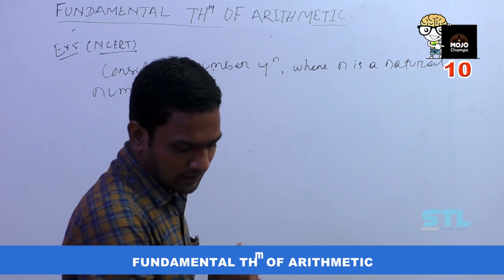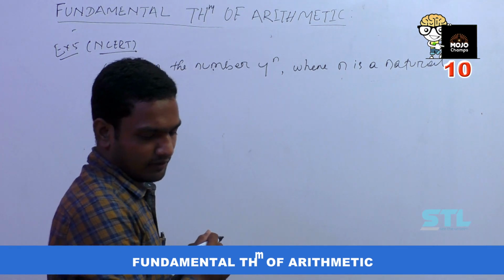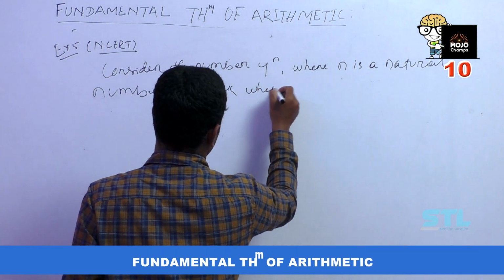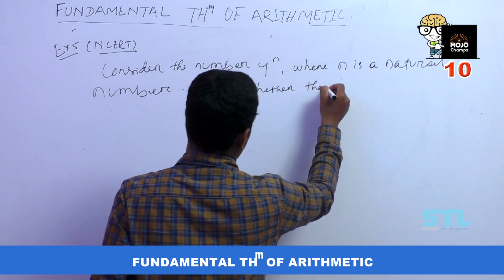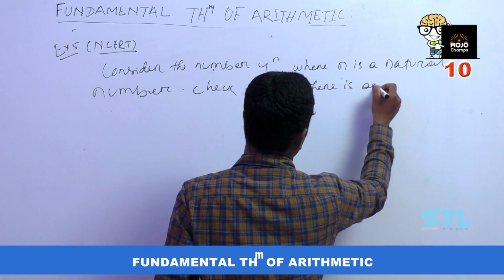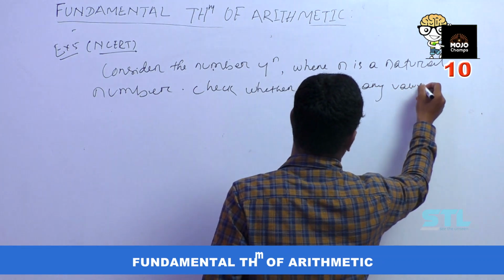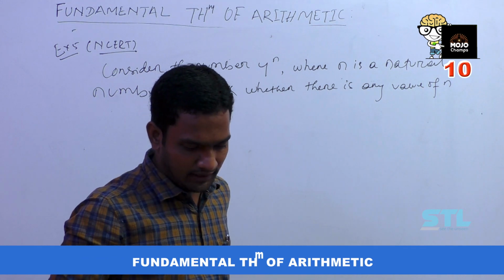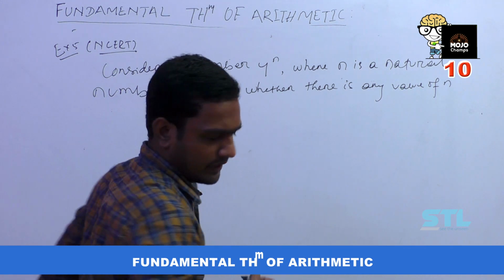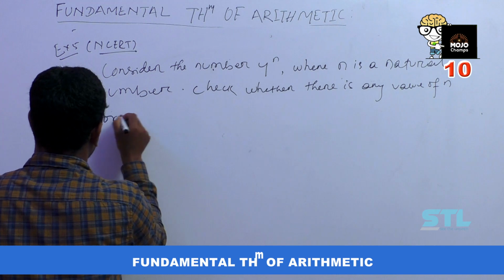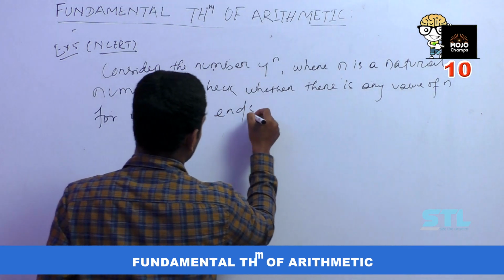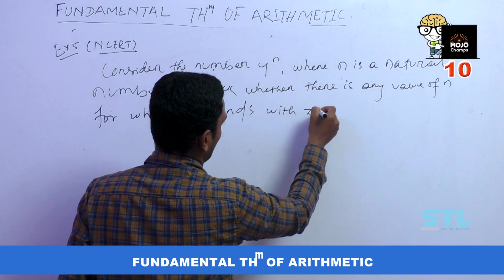Check whether there is any value of n for which 4 to the power n ends with 0.